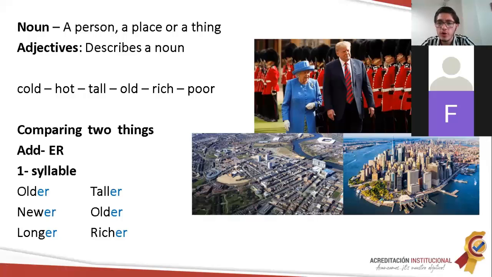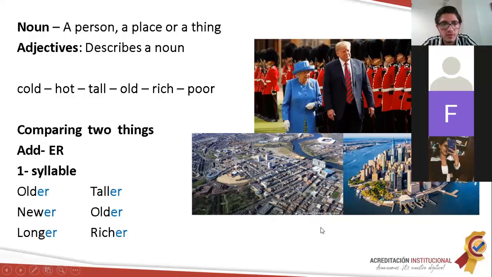Now let's look at another example. We have here the city of New York. This is New York. And we have another city. This is Sunderland. This city is in England, and New York is in the United States. So, Laura, which city is larger, New York or Sunderland?